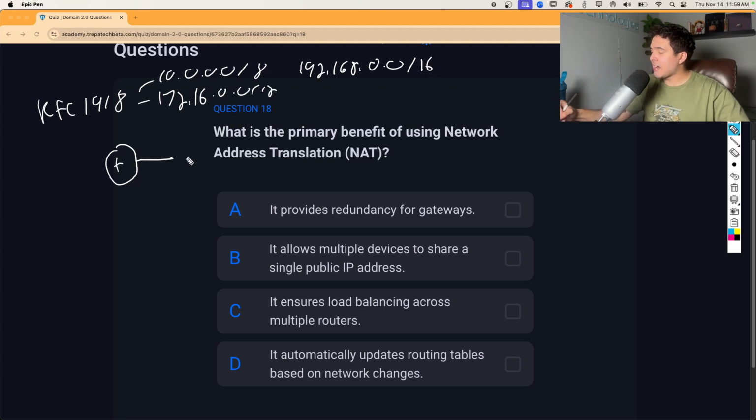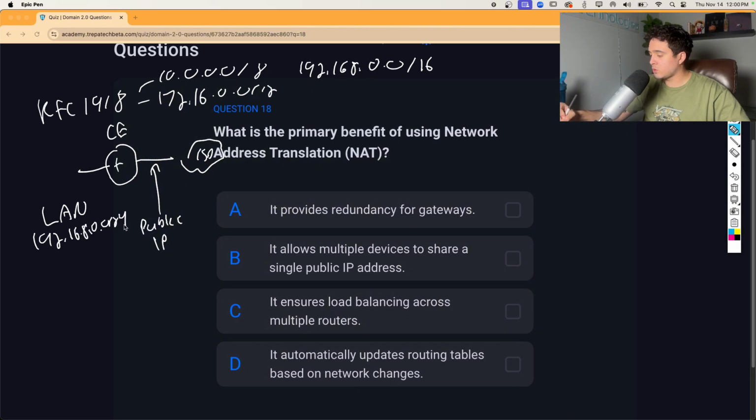But since it's not routable on the internet, what we have to do on our outside interface here is translate it, because this will be a public IP sitting here. Remember, this is the ISP. Let's say this is our customer edge. This will be a public IP. And then internal, this is our LAN, that's going to be like 192.168.0.0/24.